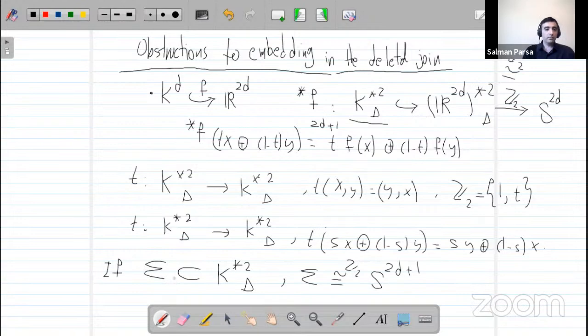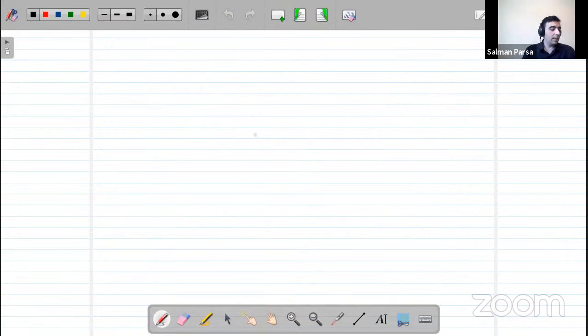And for instance, if the deleted join itself is a sphere, and that actually happens, let's see now what use we can make out of this abstraction.